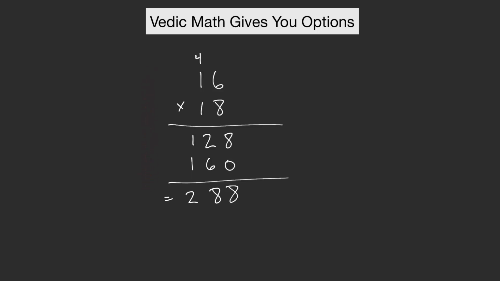With more than one option, it gives you the ability to check your answers with a second method. This is the advantage that Vedic Maths gives you, that you can check your answers with a second method. You have more than one option of solving a problem. Just generally, it gives you more variety and more options to correctly do your arithmetic.